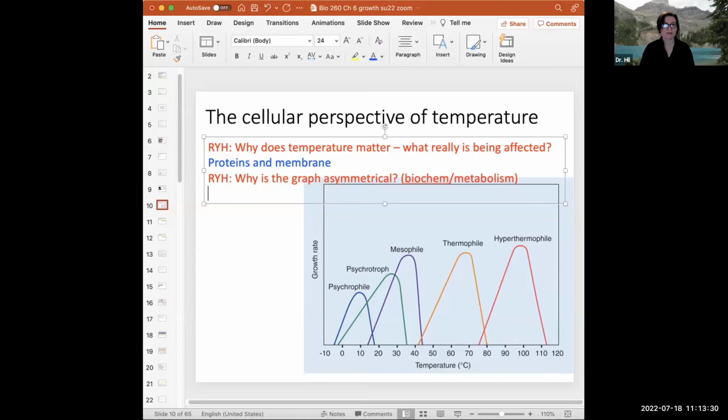No one wants to be brave. Any hints or thoughts, put them into the chat. What's happening at high temperature that's different than what's happening at low temperature? What does heat do that the cold does not do?